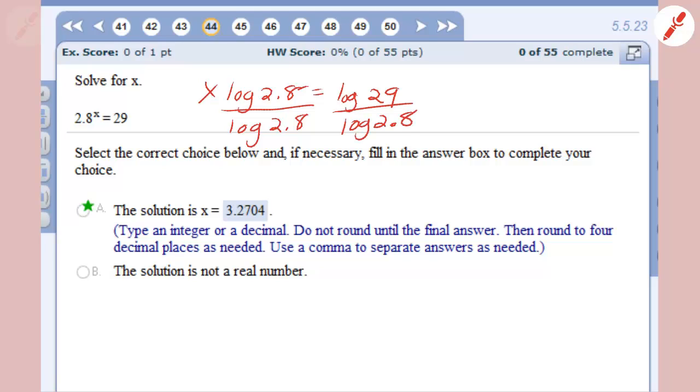The log 2.8's cancel over here, and so this is what x is going to equal. I'm going to go to my calculator and say log 29, close parentheses, divide log 2.8, close parentheses. And I get their answer. I get this answer right here.